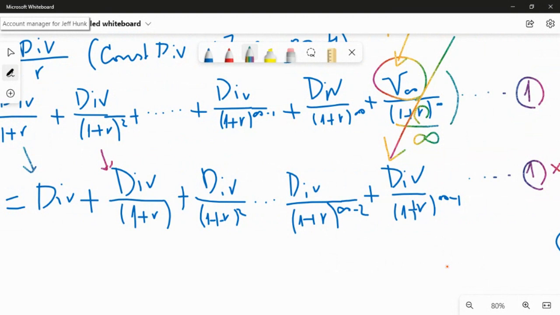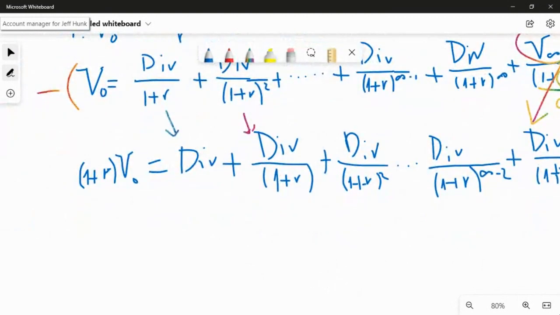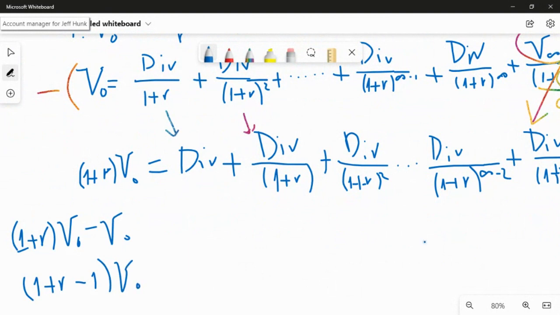So then, think about it. The left-hand side will become 1 plus r times v0 minus v0, which, if you factor out the common factor, is 1 plus r minus 1 times v0. 1 and 1 will cancel out.